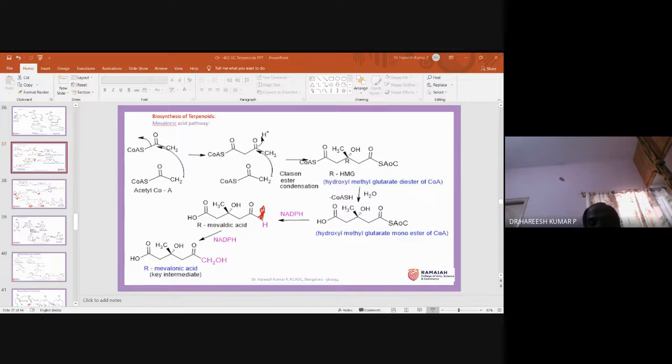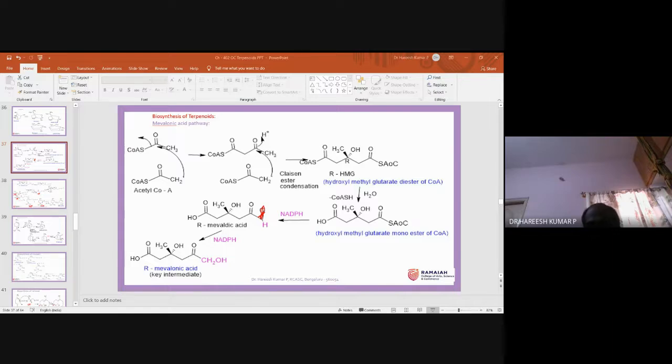Then once again, when this mevalonic acid is treated with adenosine triphosphate, it is converted into the pyrophosphate, mevalonic acid pyrophosphate. This mevalonic acid pyrophosphate undergoes dehydration and also decarboxylation.